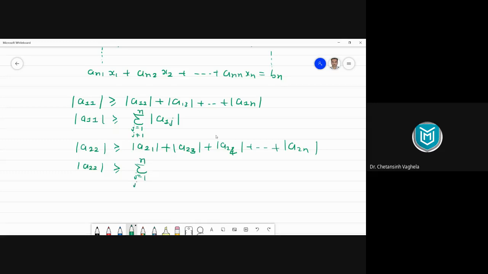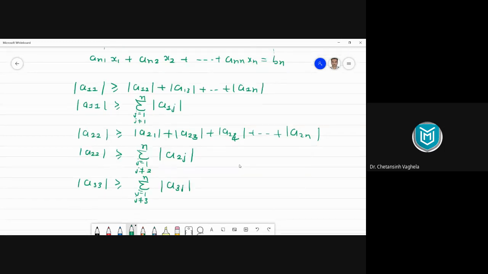This time j cannot be 2 because we are not considering the diagonal entry a22, and I need to write a2j. Similarly, for the third equation I should get modulus of a33 greater than or equal to summation j equal to 1 to n, j cannot be 3, and modulus of a3j. Right? So this way I can write the general form for each and every equation.